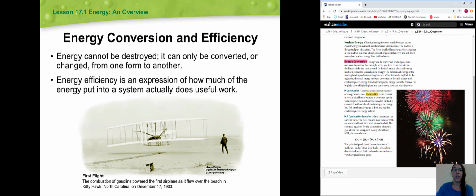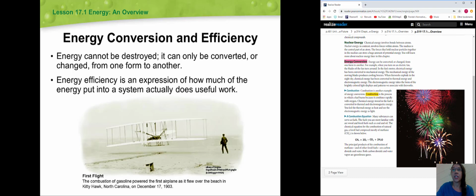All right, next we're going to be looking at energy conversion and efficiency. So, energy conversion. Energy can be converted or changed from one form to another. For example, when you turn on an electric fan, the blades of the fan turn around. In the fan's motor, electrical energy is being converted to mechanical energy.